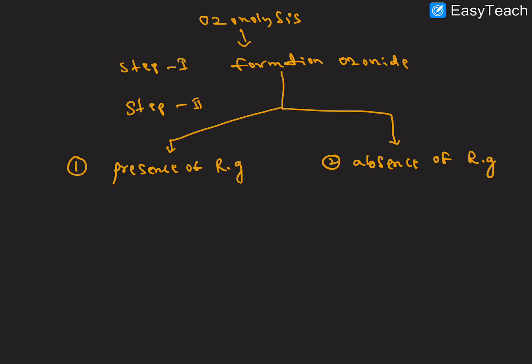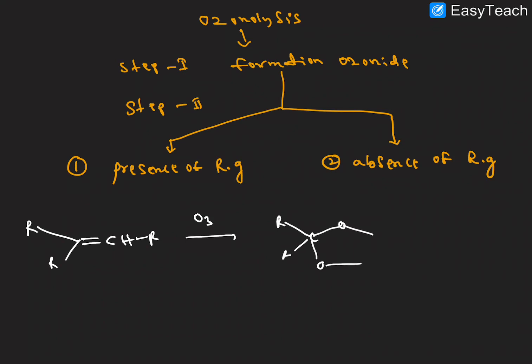We'll discuss one example. You can easily understand here. R and R with a double bond and CHR, using O3, and here the ozonide is forming. R and R, this is the ozonide formation taking place, and then next using H2O plus zinc, the reducing agent.